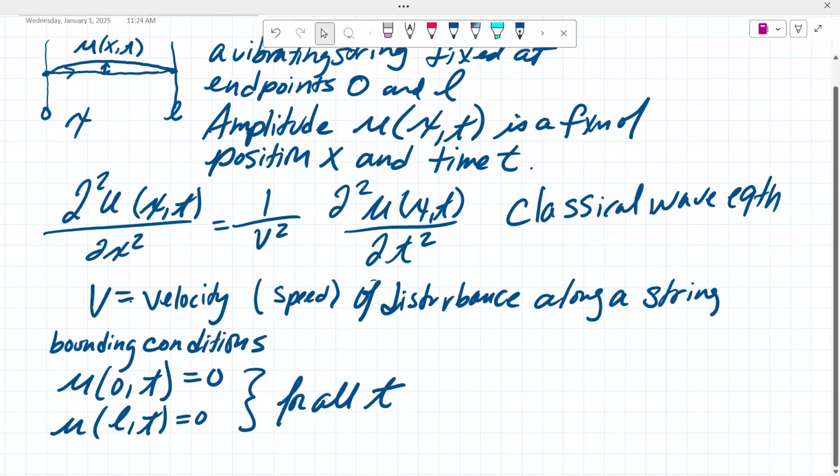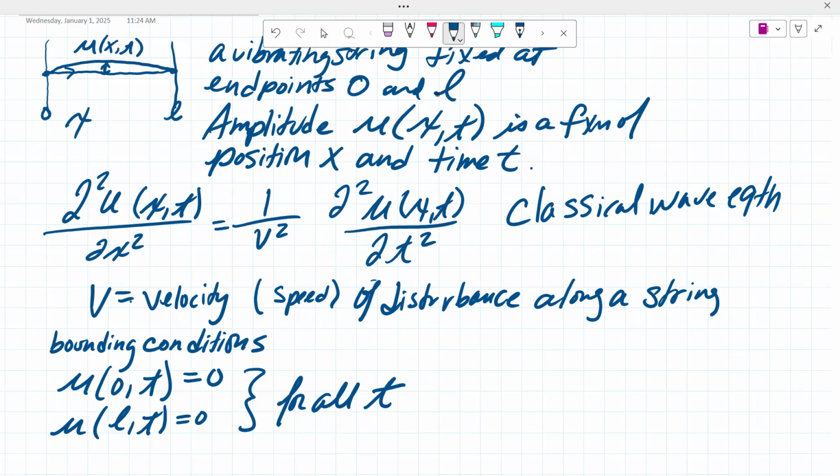Taking a look back at our diagram, what this says is that the displacement, that is the height at which the wave is vibrating, is going to be 0 when? Well, it's bound on the lower and the upper end, and it's always bound in all time. This is x and t, so the x coordinate is this one here.